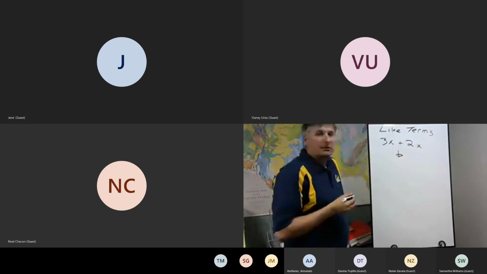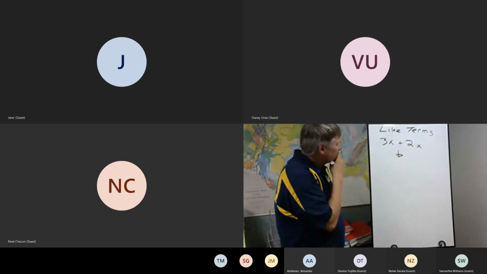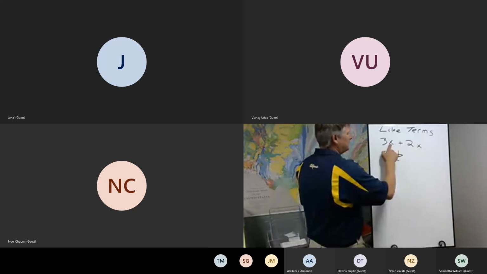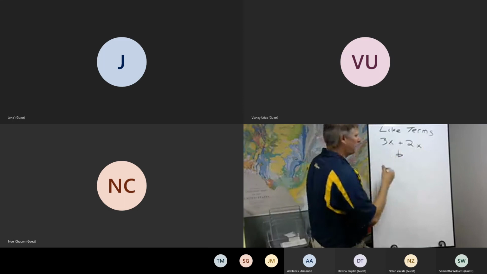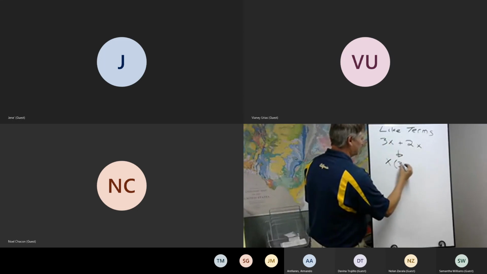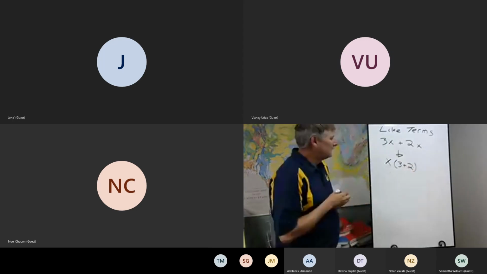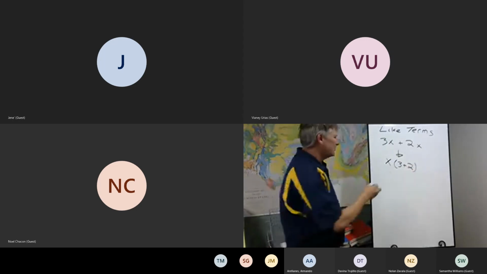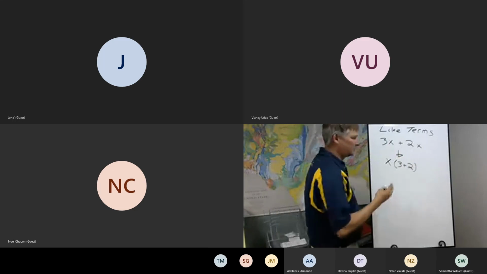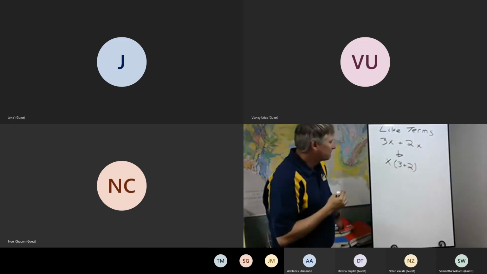So we have 3x and we have 2x. Now what we can do is we might say, well, hold on. This is as if we distributed an x. So we could say we took x and we had distributed it to 3 and distributed it to 2. So we're just going to keep working backwards.